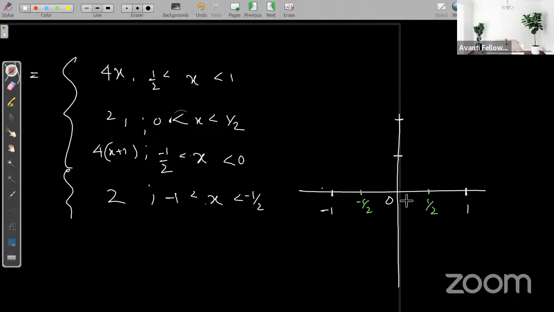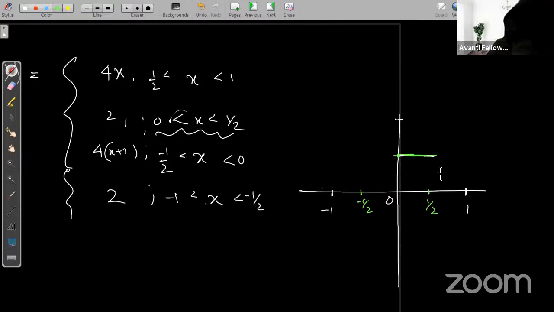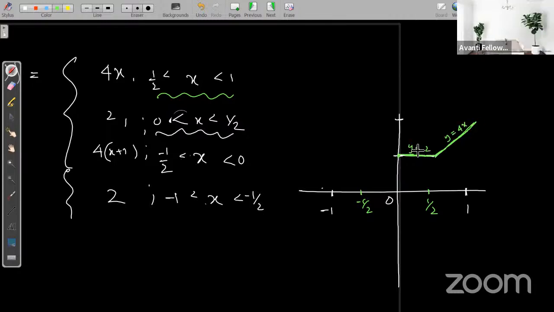So when x belongs to 0 to half, it is giving you 2. That means the graph will be y is equal to 2. And when x belongs to 1/2 to 1, it is giving you y is equal to 4x. Likewise, the graph will be like this. This is y is equal to 4x. This is y is equal to 2.